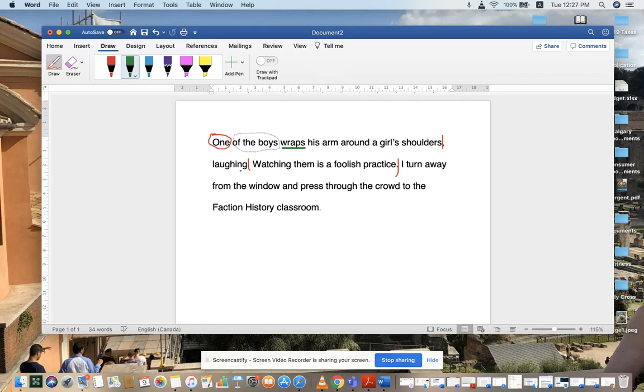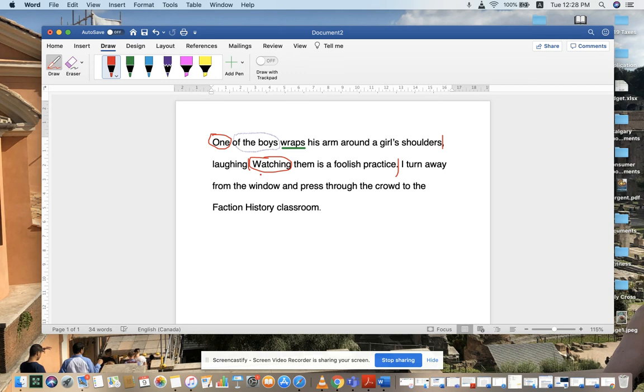Now, remember, participles are verbs turned into nouns, which means that they are going to take the function of whatever nouns we are. So watching is a subject. Even though it ends in ing, it's a participle. We can use Shakespeare's famous line, to be or not to be, which is clearly an infinitive.